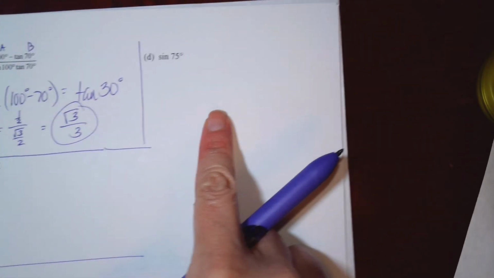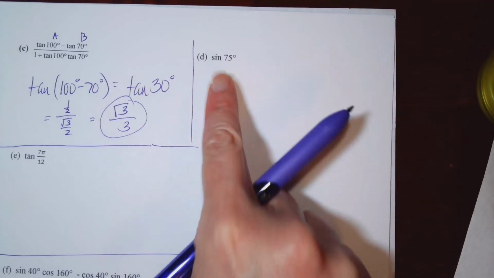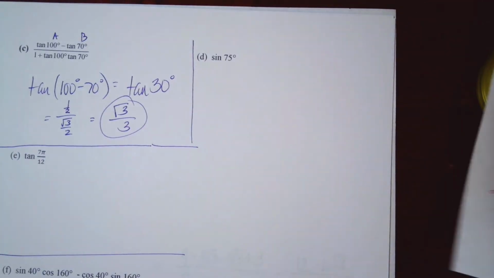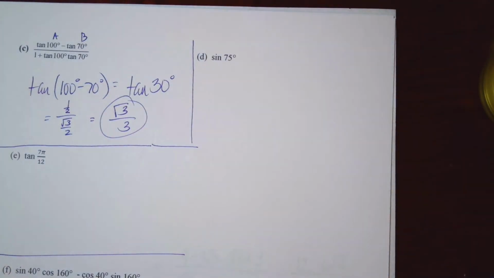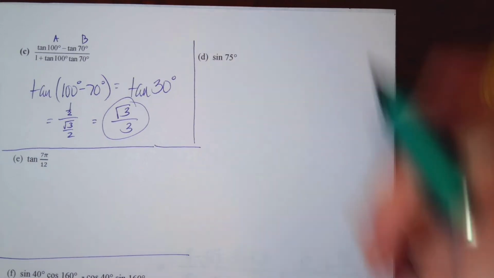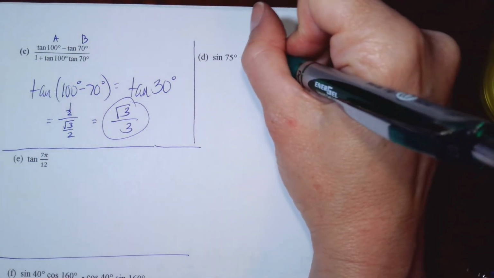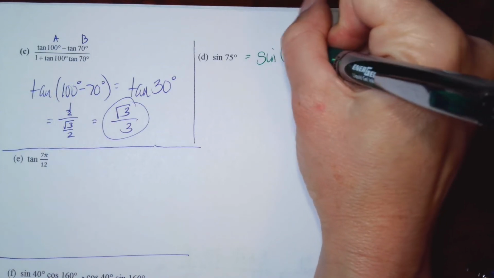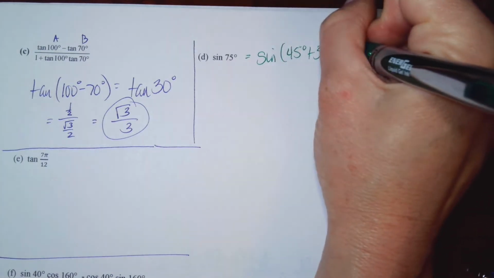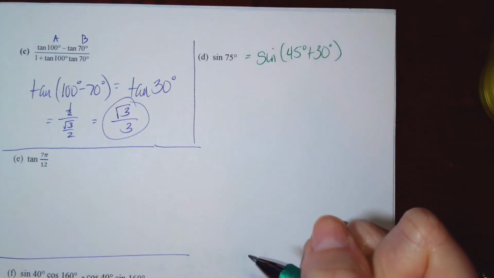For D, sine of 75 degrees, I want an exact value. 75 is not a special angle, so I've got to do something else. 75 is the same thing as 45 plus 30 degrees, and that's sine sum.